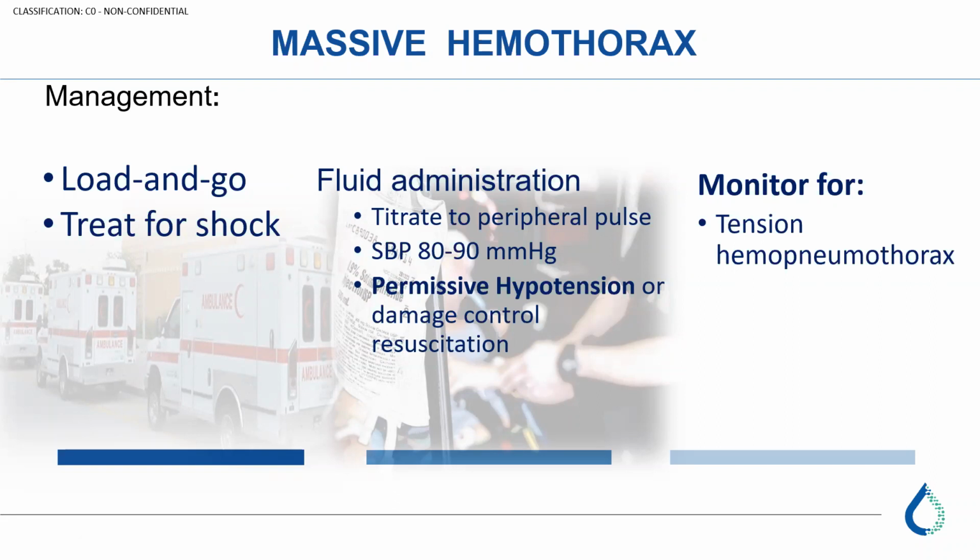If you put a big amount of fluid, it will increase the hydrostatic pressure in the injured blood vessels. Therefore, it can dislodge the hemostatic blood clots and will also cause dilutional coagulopathy and can result in hypothermia. Another one is monitor for tension hemo and pneumothorax.